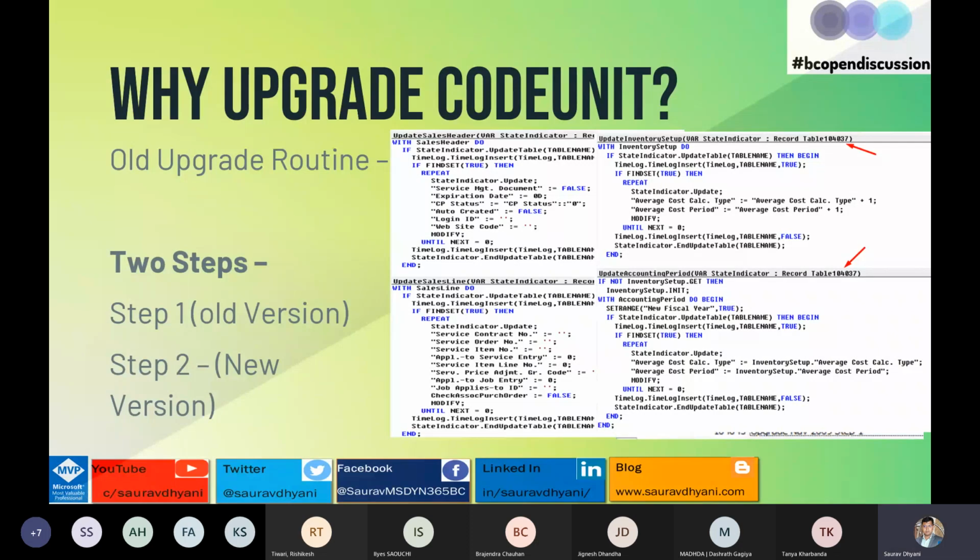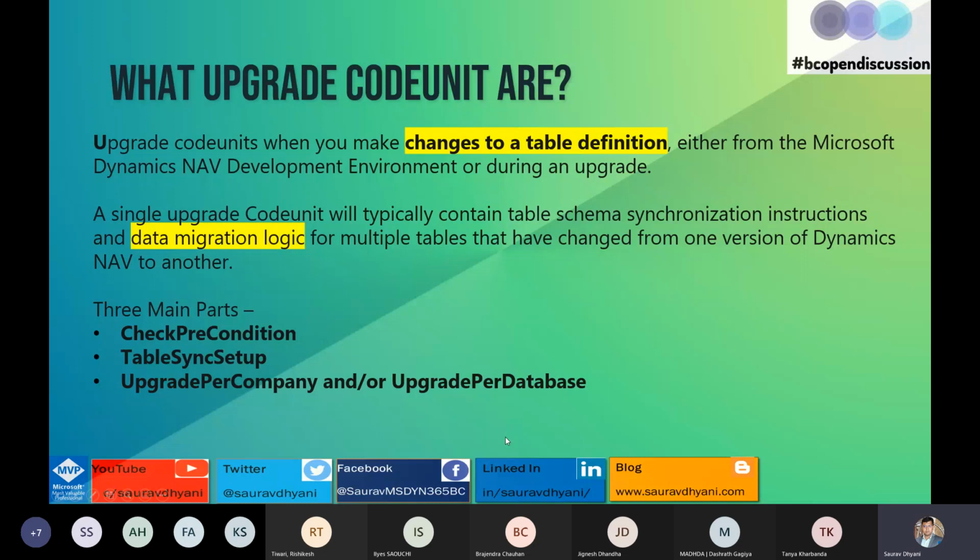Now let's understand what these codeunits are. An upgrade codeunit in 2015 till BC14 can do two things at the same time. If there is a table definition change, it can handle that within one codeunit. So you don't actually need two steps to do an upgrade.